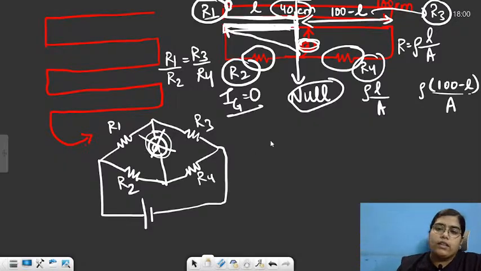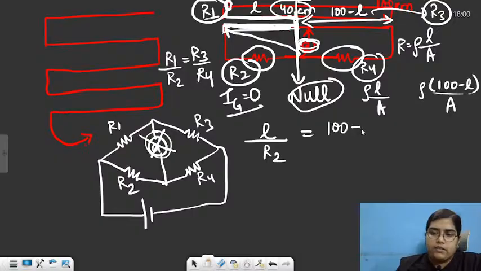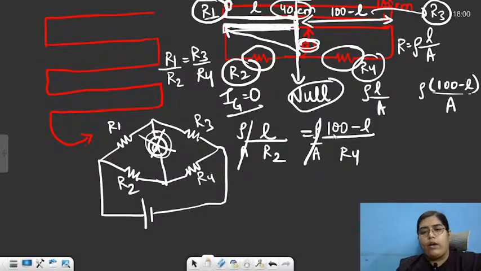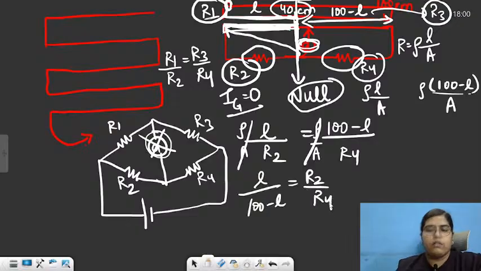Now if you take the ratio, L upon R2 is equal to (100 minus L) upon R4. Why did I not write rho and A? You can, not a worry, but that will get cancelled out, rho by A with rho by A. Now I can transpose and simply say L upon (100 minus L) is equal to R2 by R4.